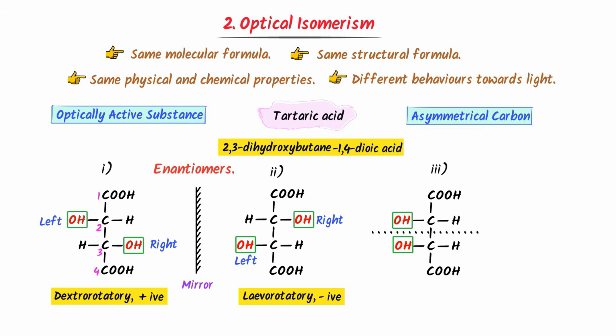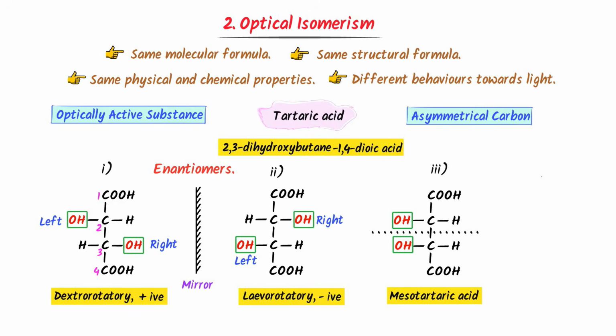If I draw a symmetrical line here, I get two equal parts. Hence, this compound is a symmetrical compound and optical isomerism is not possible in it. So we say that it is also an optically inactive compound. We call it meso-tartaric acid. Thus, optical isomerism is not possible in it.